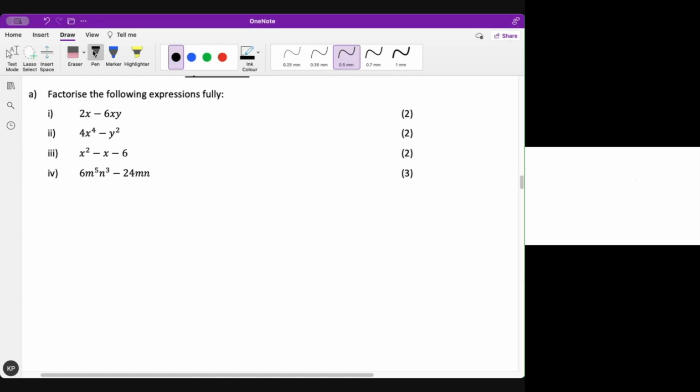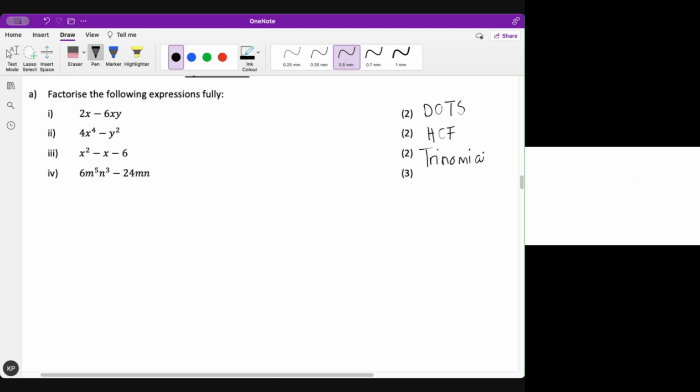Okay, before we even start this, please list for me the ways in which you can factorize. Yes, Itandile. Ma'am, it's difference of two squares, HCF, and trinomials. Thank you.